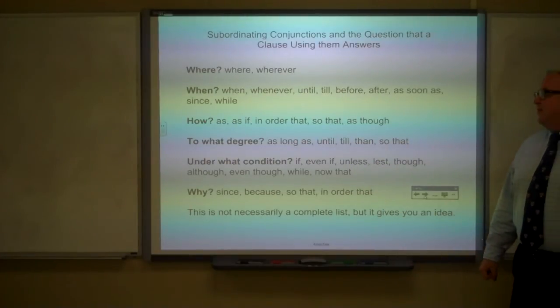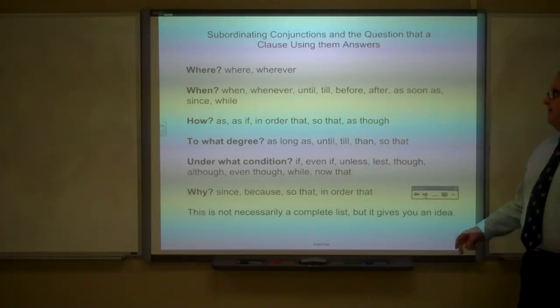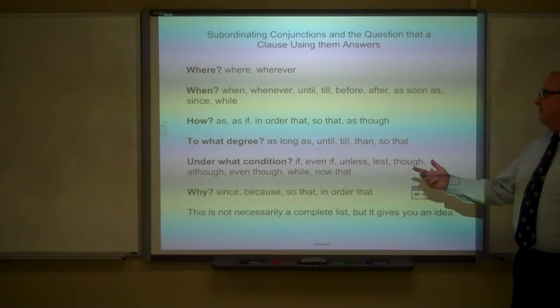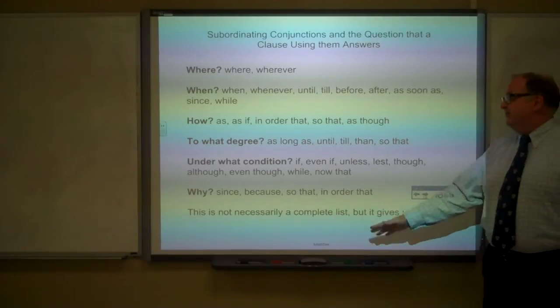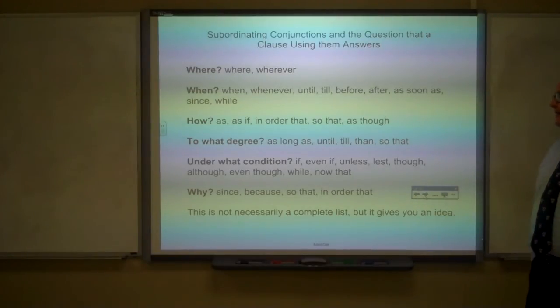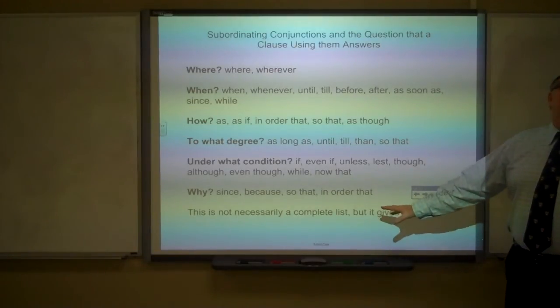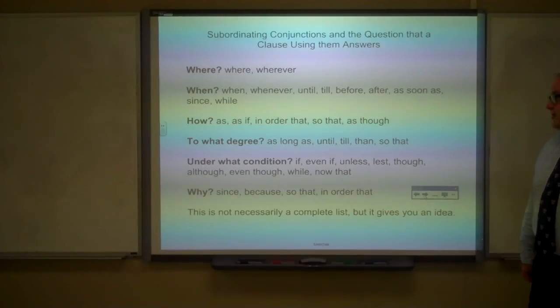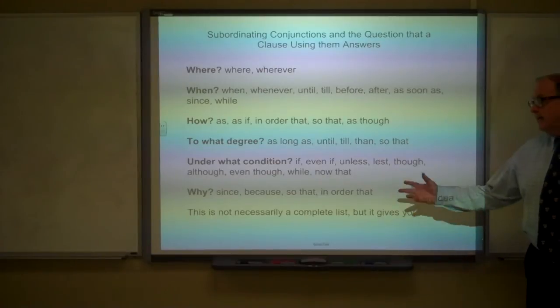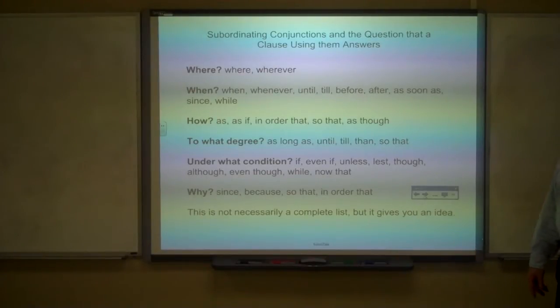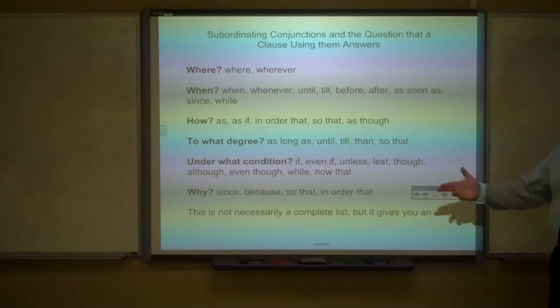Adverb clauses answering the question under what condition would include such conjunctions as if, even if, unless, lest, though, although, even though, while, now that. And adverb clauses answering the question why would include such subordinating conjunctions as since, because, so that, in order that. And if you think about it, it makes sense, you know.